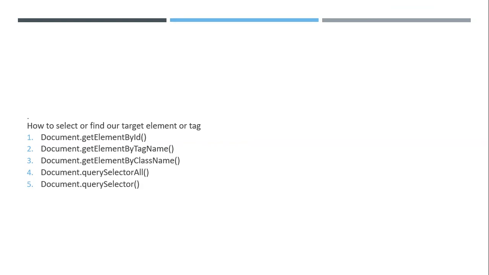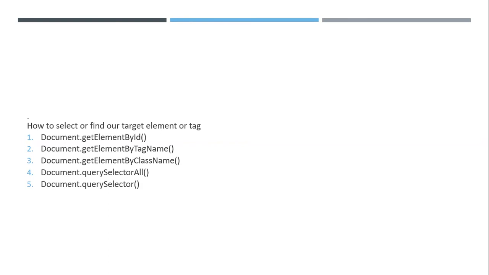We select elements by their ID. Document get element by tag name. We use this one if we need to select elements by tag name. Number 3, document get element by class name. If the element has a class and we need to select it based on the class name, we can use document get element by class name.